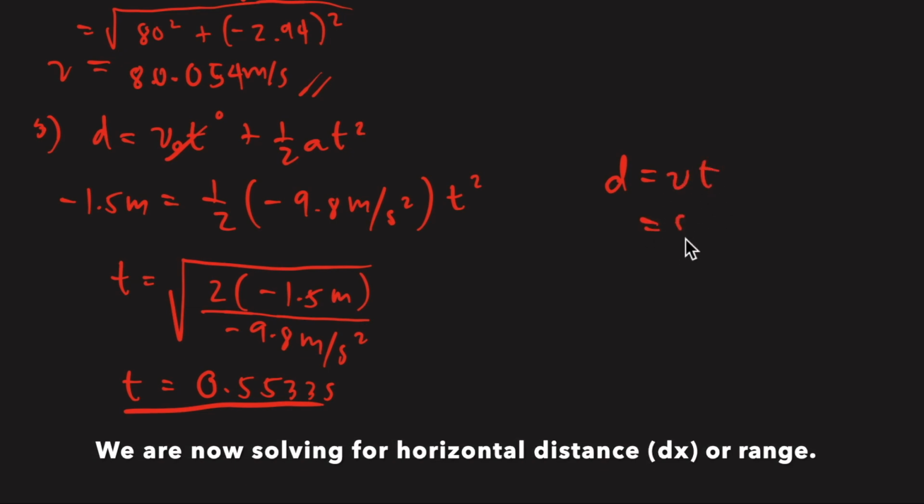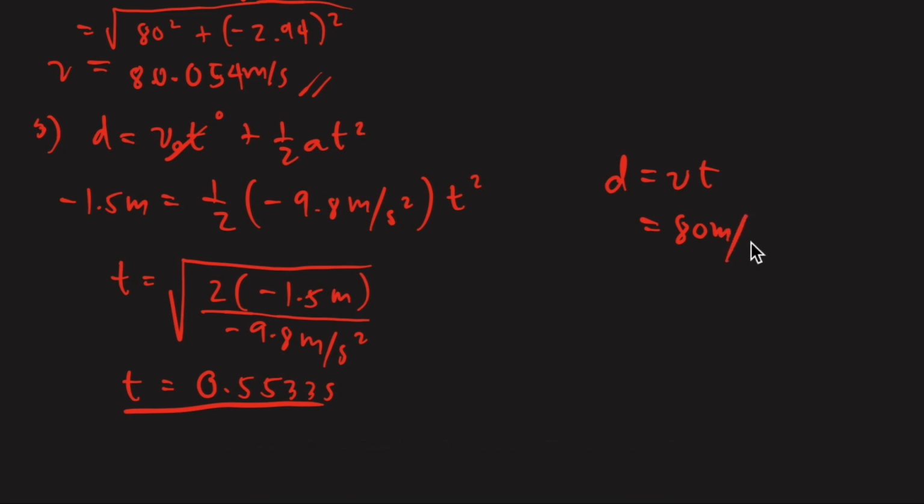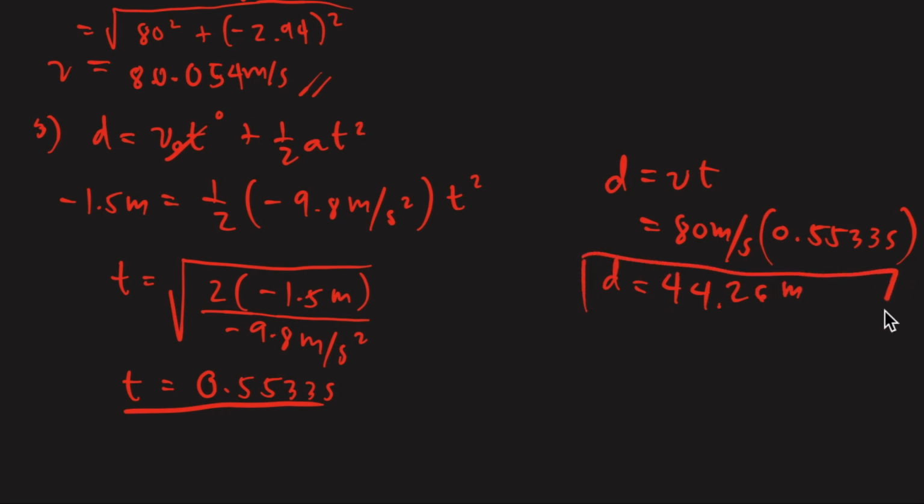Therefore, 80 meters per second, the velocity on the x component, multiplied with the time 0.5533 seconds, should be equal to 44.26 meters. This will be our range.